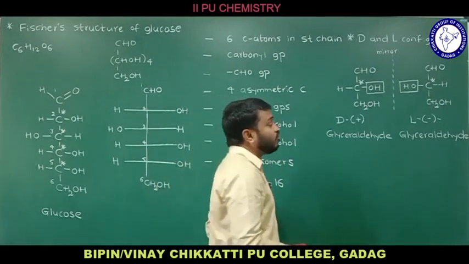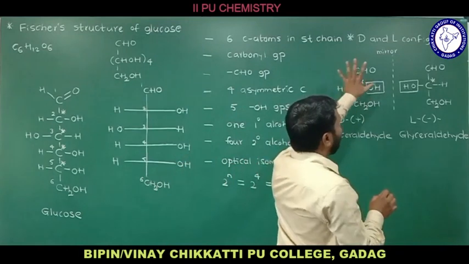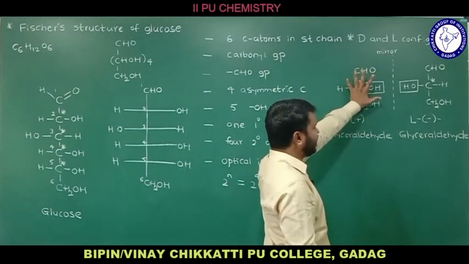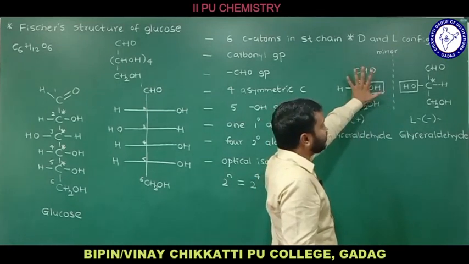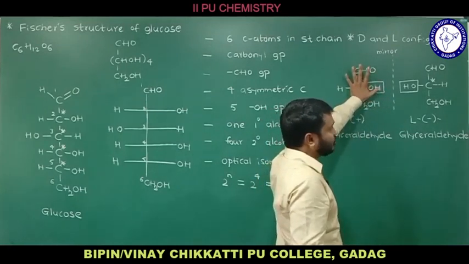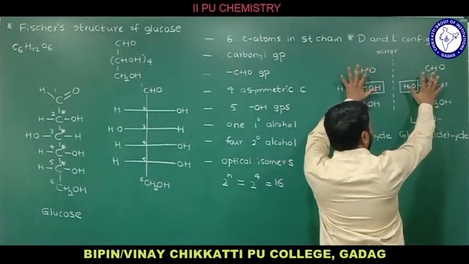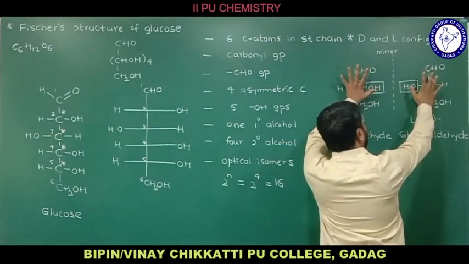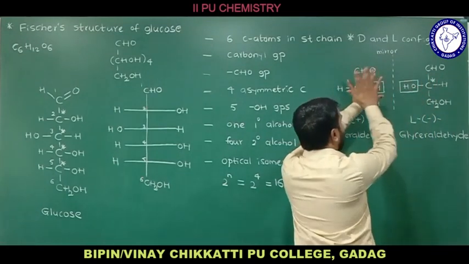For that we can represent it in a very simple manner. Let us assume my left hand is D-plus-glyceraldehyde and the left thumb represents the OH. If I consider the right hand as L-minus-glyceraldehyde and the thumb of the right hand is this OH, I am going to lift this and place it over here.